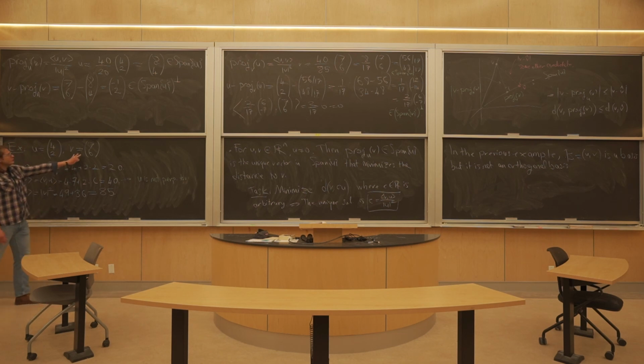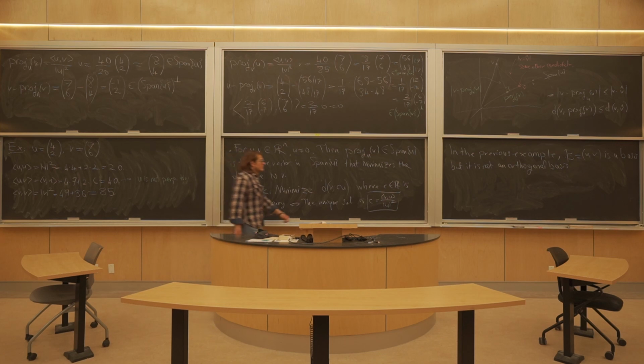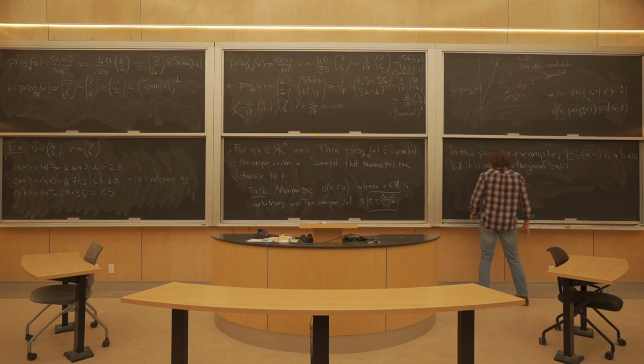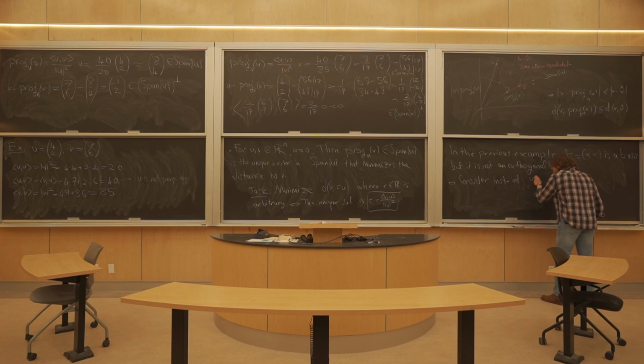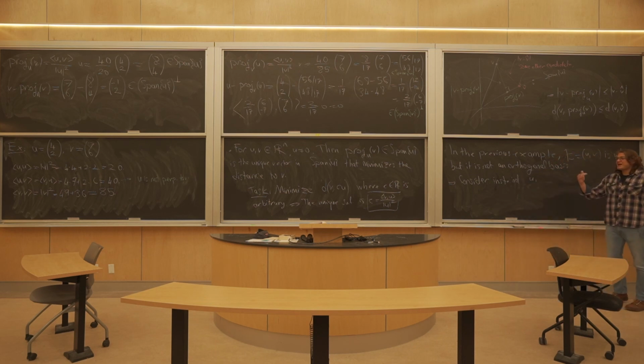Then instead of using the second vector, what I can do is look at that piece. Consider instead: I start with U, and instead of using V, I'm going to use this remainder.